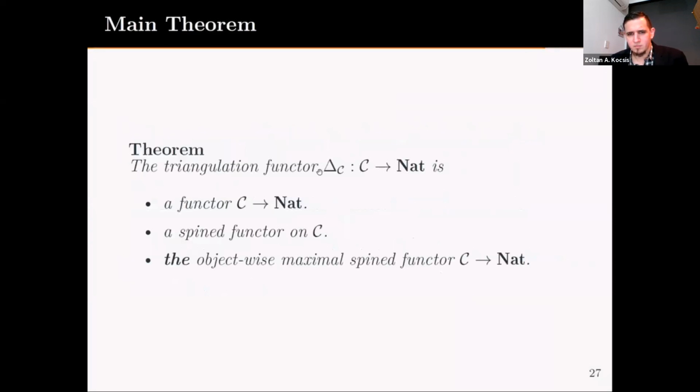Once we do that, we're going to call delta C the triangulation functor, and our main result is going to be that delta C is indeed a functor. That's not obvious in the first place. And that it's a spine functor. And finally, that it is the object-wise maximal spine functor. It assigns the highest natural number value possible to the object.